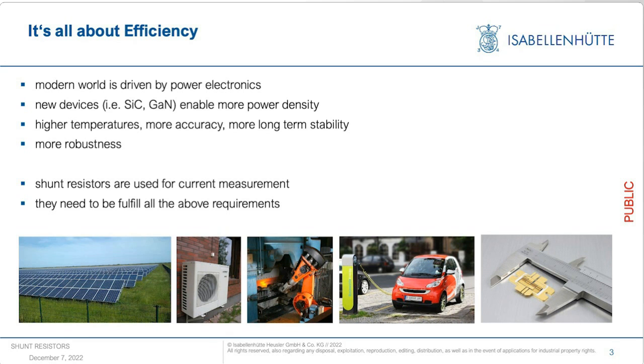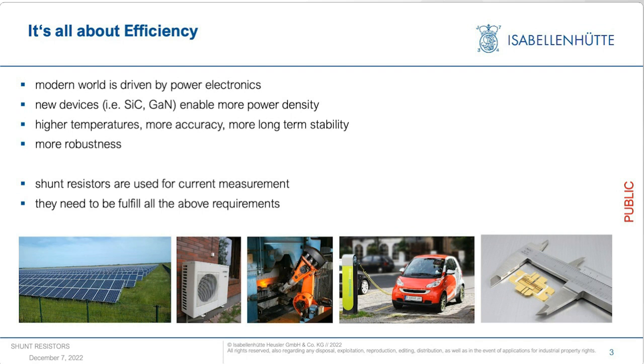But you also find them in electric cars, both battery-driven as well as fuel cell-driven electric cars. New semiconductor devices such as wide bandgap silicon carbide or gallium nitride devices enable even more power density in these circuits.